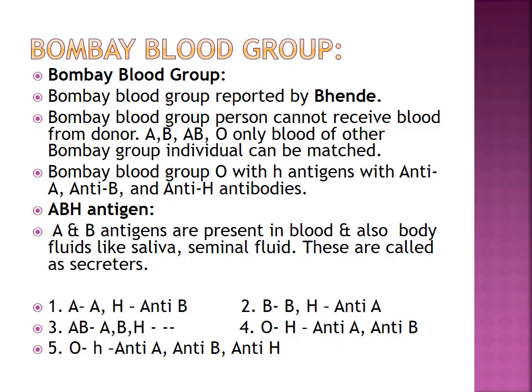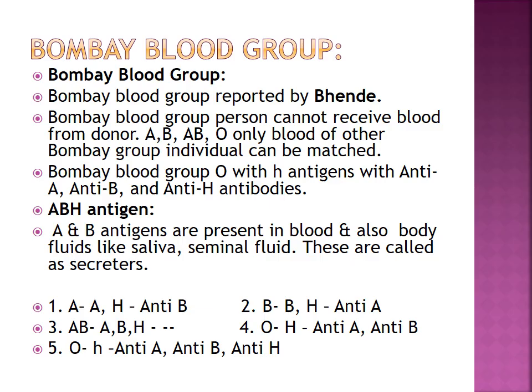Some points about Bombay blood group. It was discovered by Bhende. Normally H antigen is present, it is seen in saliva and seminal fluid, so it is also called a secretory antigen. If H antigen is absent, then you will see anti-H antibodies in the blood. Normally H antigen is present in blood, so no anti-H antibodies are seen. In O group, both anti-A and anti-B antibodies are seen and no antigen.